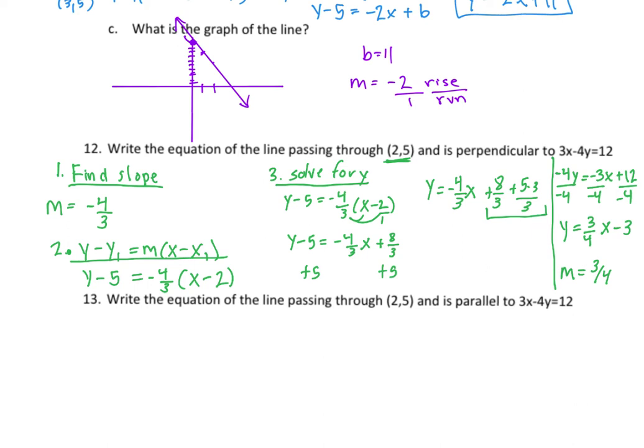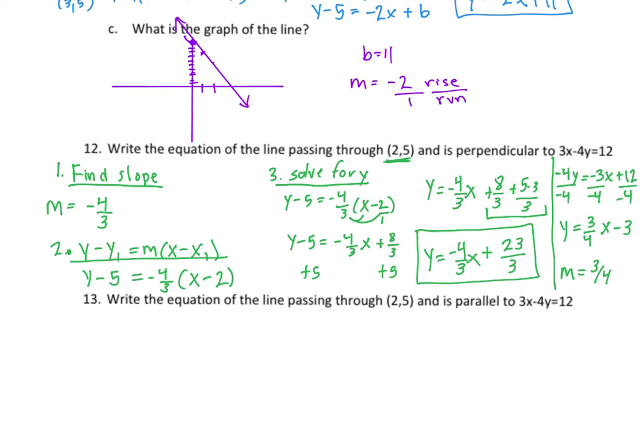So that's 8 plus 15 is 23/3. So it's y equals negative 4/3 x plus 23/3. And that would be the equation of the line perpendicular to the line that they gave us through the given point.